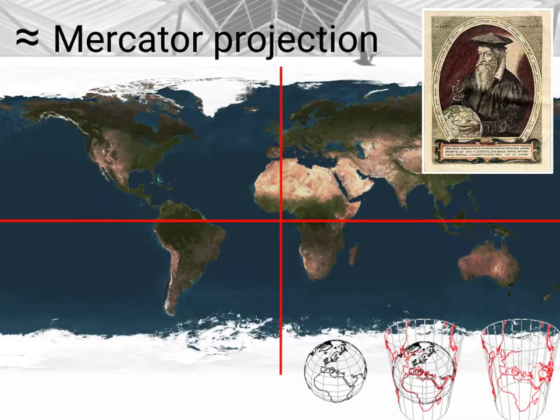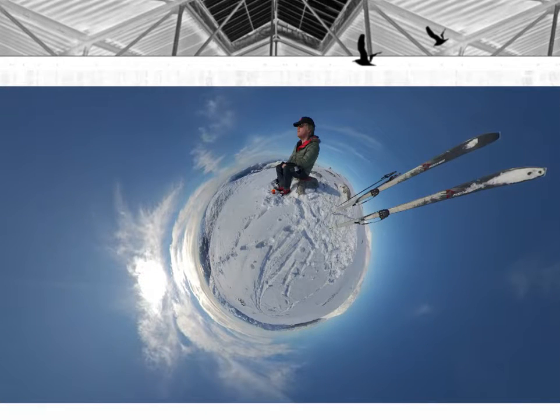So everything at the top and bottom of the image will be very much distorted, but when wrapped around a sphere, it all seems like a natural image.